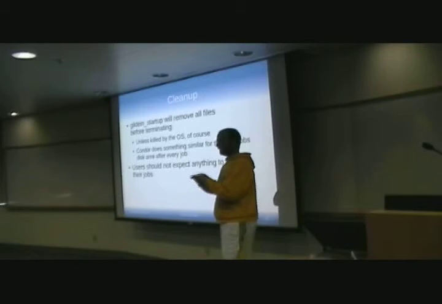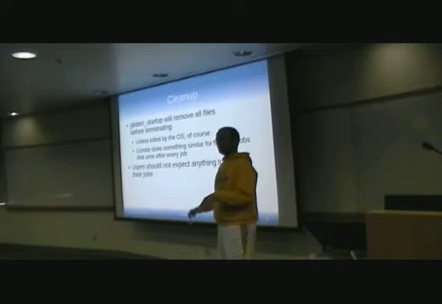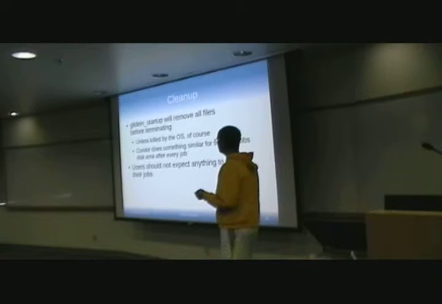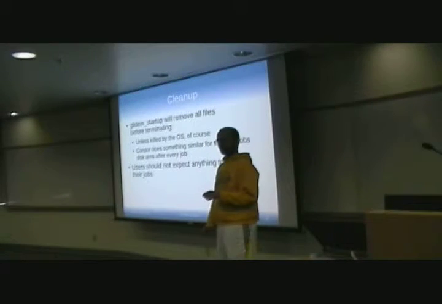And finally, after the monitoring is done, the glidein startup will remove all the files that were created in its working directory so that it's a good citizen and doesn't leave anything behind. Of course, unless it is killed by the OS; in that case, it cannot do anything, it's been killed. And unless user jobs write into unusual locations, like cd to any random location, we cannot know it, we cannot catch it, we cannot clean up for them.